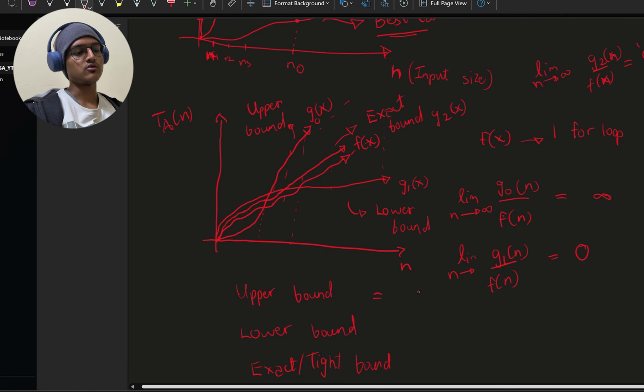I can represent upper bound by a notation called O, lower bound by a notation called omega, and tight bound or exact bound by a notation called theta. These are the three notations that I will be using to show my function's upper bound, lower bound, and exact bound. And these notations are called asymptotic notations.